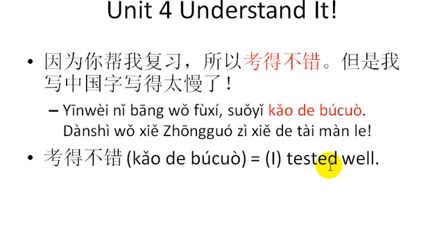In Chinese, they prefer to talk about how well someone did on the test by having the adverb modifying the verb. Okay, I tested well. We can say that in English, but we never say that. We say I did well on the test.